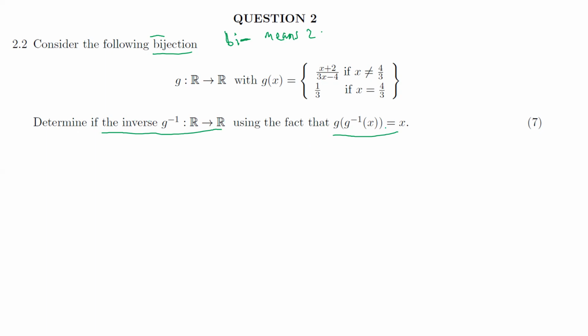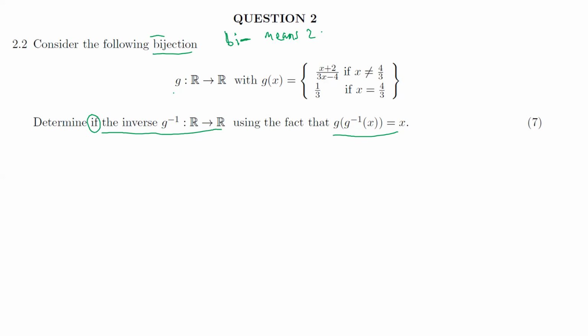I think something is wrong with this question. Something is missing. Either this word is not there. Either they determine the inverse, using the fact that. Not really saying determine if the inverse. We could say if the inverse exists using the fact that.